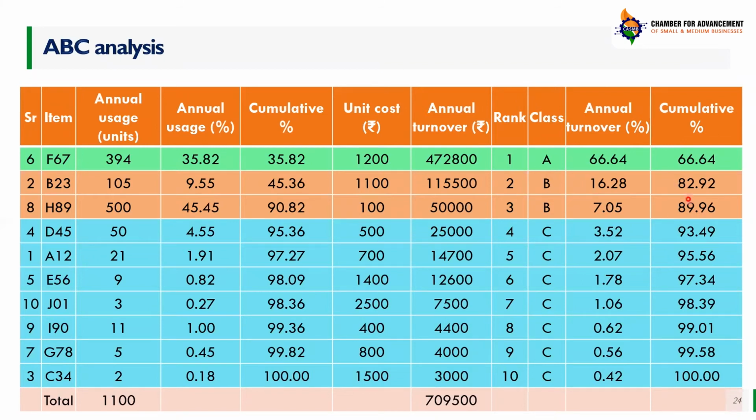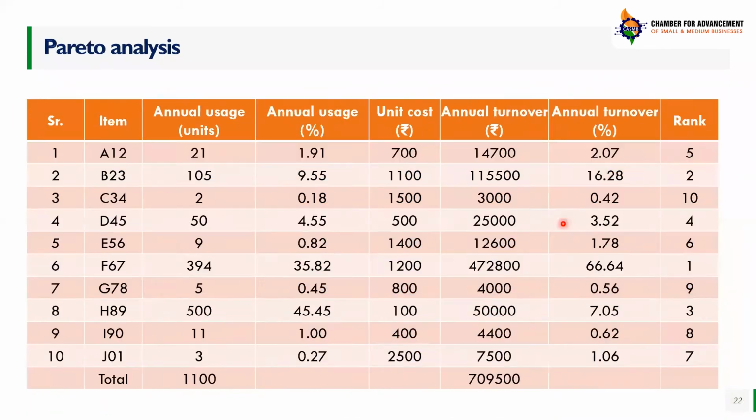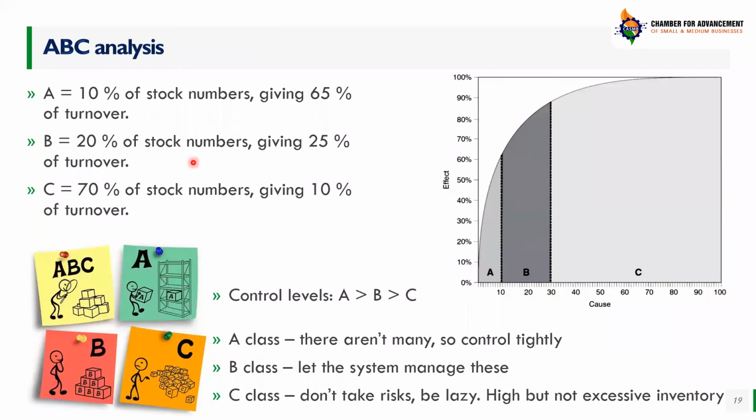The cumulative percent you can see here, 66%, then 89%. So these two items will be classified under class B, and all other items will be classified under class C. So for A class items, just one item here is giving us 66%, and if we see the thumb rule here, 10% of items will give us 65%, 20% will give us 25%.